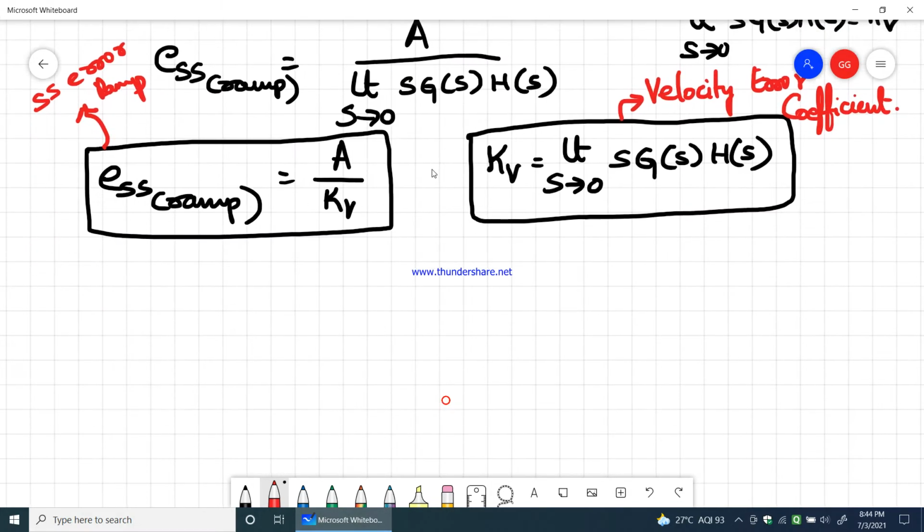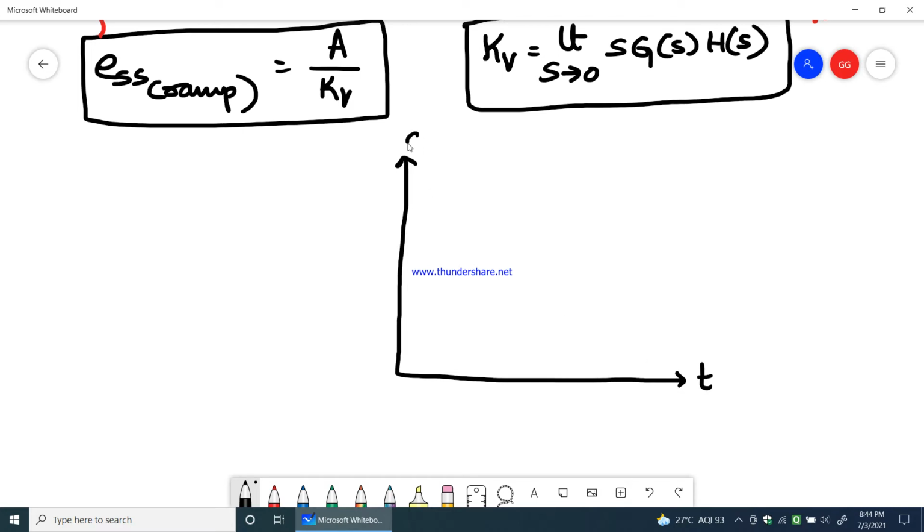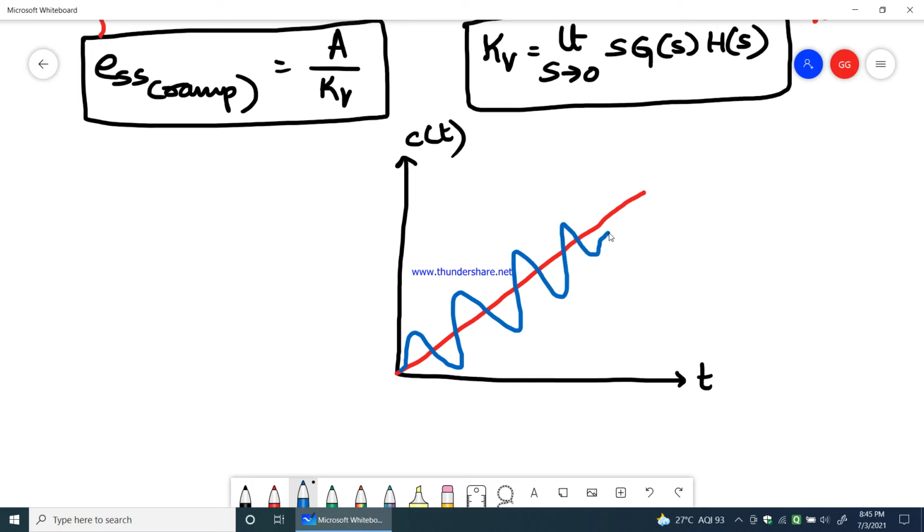Now if I want to try writing the curve for this, we know that this is time t, this is response c of t. For a ramp input, the response should be a straight line like this in terms of t. But your system response when the ramp input is given will give us oscillation like this, and then finally it reaches a constant, so it gives an error like this.